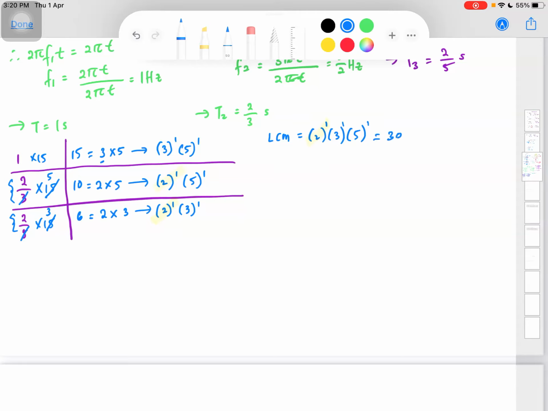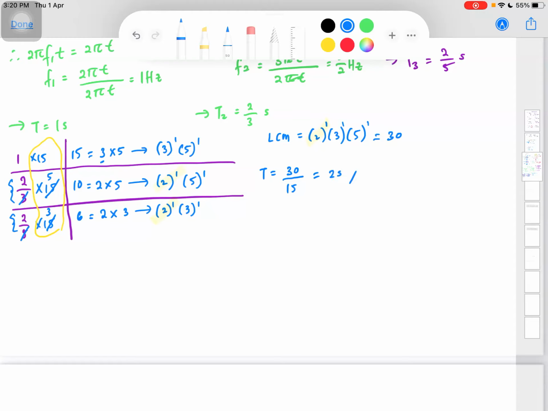Okay, so now T is equal to 30, and remember to divide back by the number that we used to multiply the non-integer numbers. So in this case it's 15, right? So we will have 2 seconds.